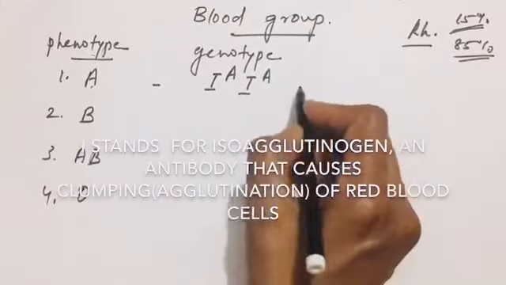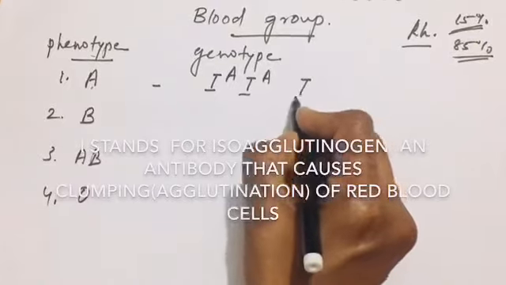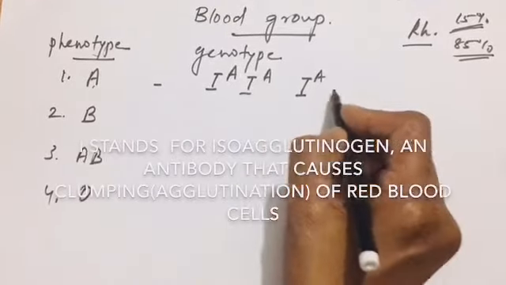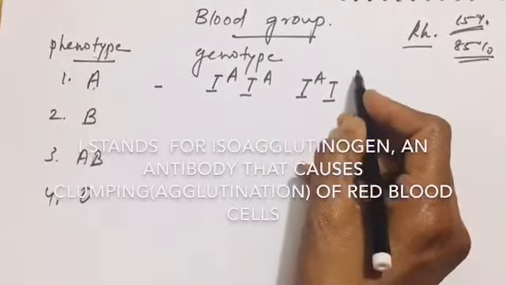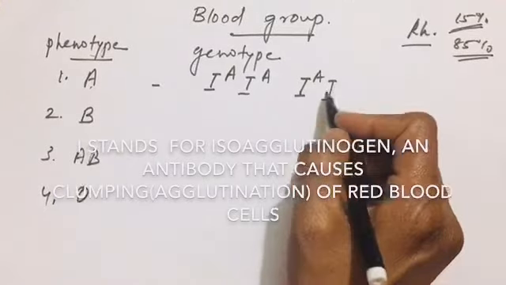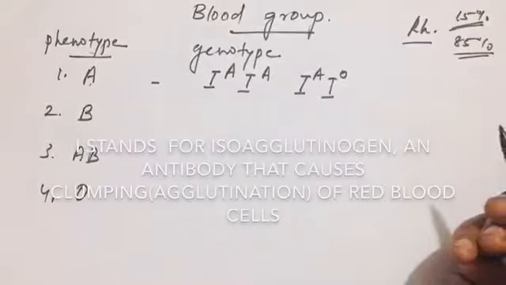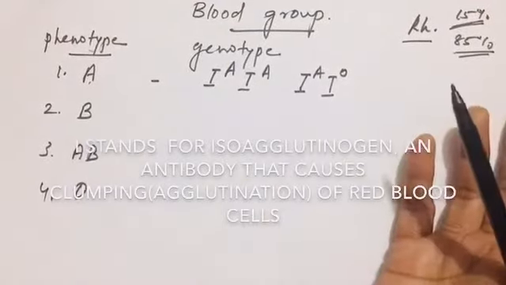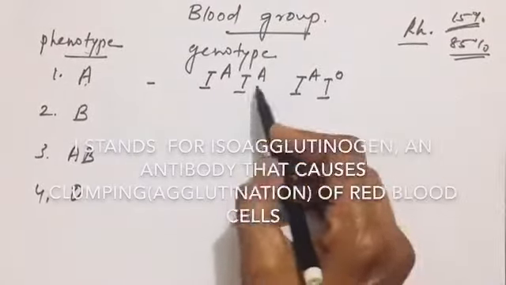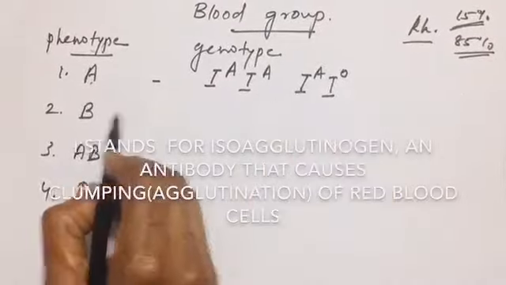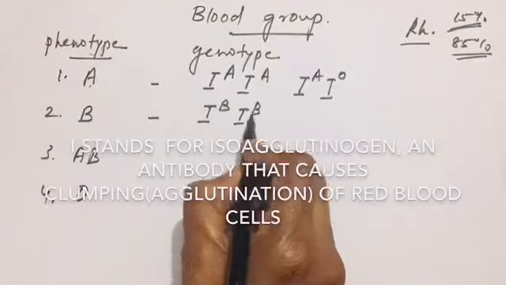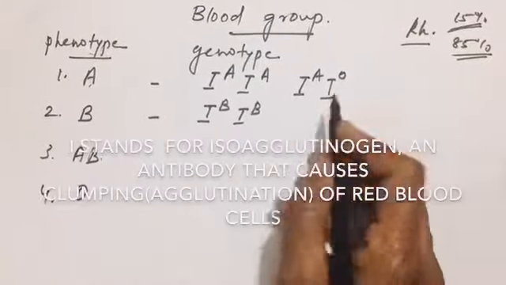And what is the heterozygous version? You may be saying IA and small a, right? But that is not the way you will write. You will write IA IO. This is the heterozygous version. How do you write B? The same way, IB IB. What is the heterozygous version then?